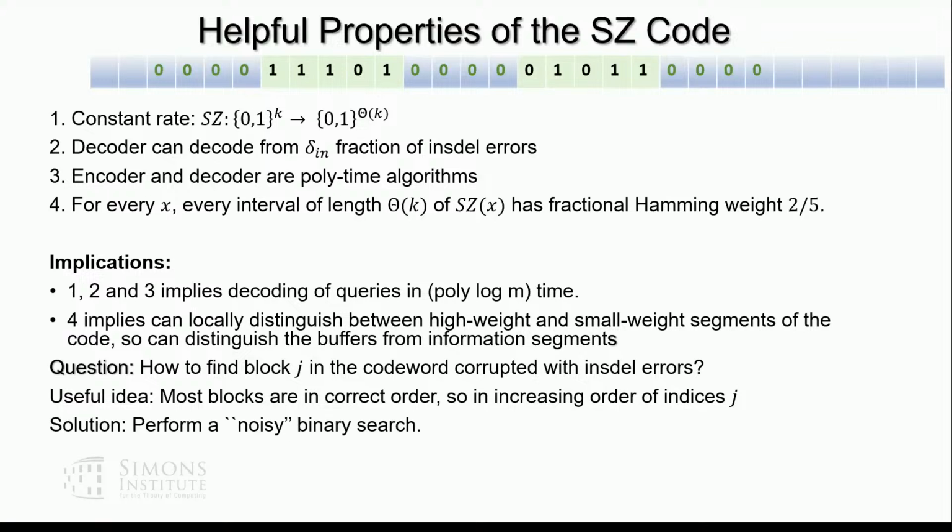The reason it works is because most of the blocks appear in the correct order, and also there are some nice combinatorial properties of the bits that we can actually recover, the positions that we can recover. So I don't want to say too much about it, but this is a cute toy problem: how do you perform noisy binary search on an array that is far from sorted.